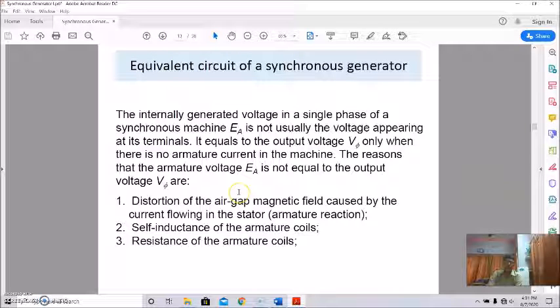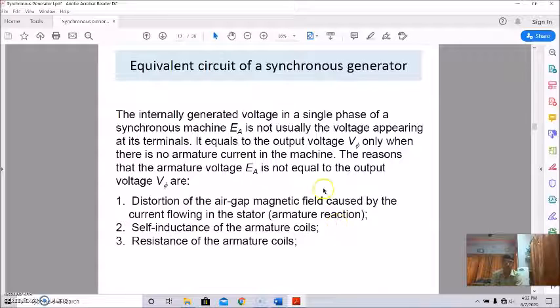With this basic information, we can generate the equivalent circuit of synchronous generators. The internally generated voltage in a single phase of a synchronous machine, EA, is not usually the voltage appearing at the terminals.